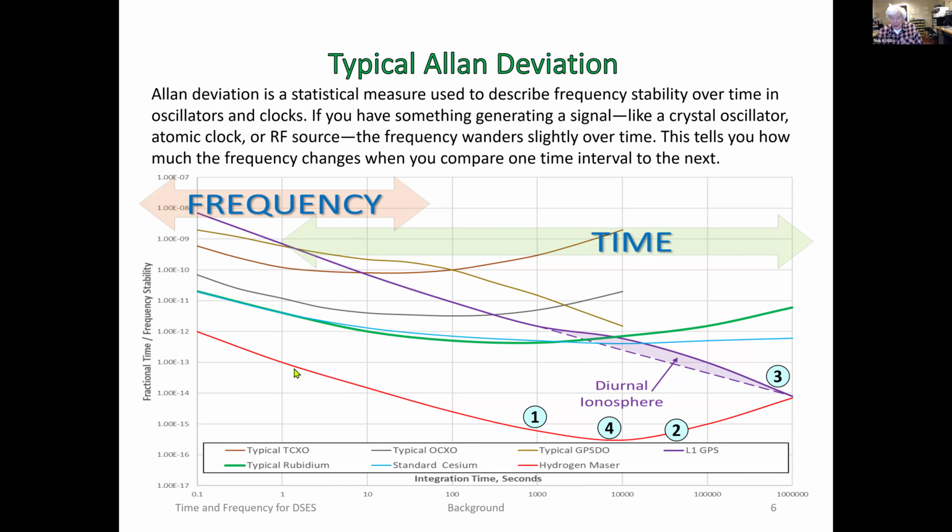Now, the oscillator we're going to use is the green line. That's why it's a little fatter. That's a typical rubidium standard free-running oscillator, not steered to GPS. And you'll see that its best performance is over integration times that are in the neighborhood of, say, 1,000-ish seconds.